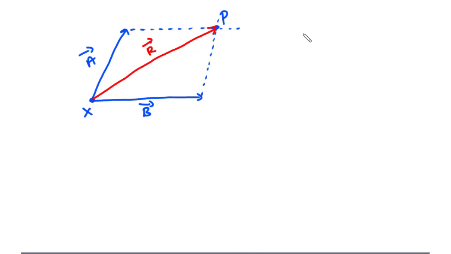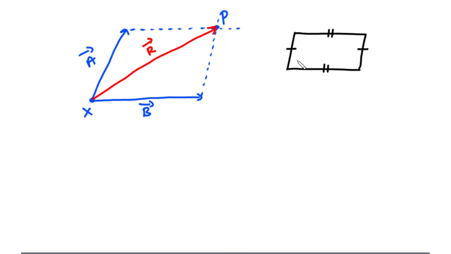Now let's consider this parallelogram. Now for a parallelogram, we have the opposite sides to be equal, and then they are parallel as well. Now let's talk about the interior angles. So for a parallelogram, the opposite angles are the same.